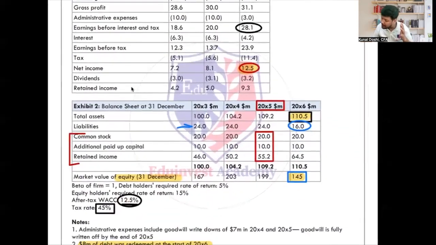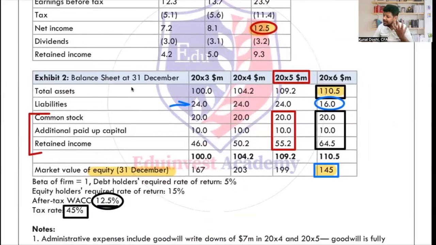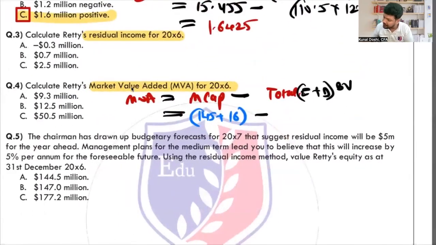Debt is the same, but what is the equity's book value? 20 plus 30 plus 10, 30 and 64.5, that is 94.5. And since, of course, the debt value is the same, basically you'll do 145 minus 94.5. You can ignore 16. That is 50.4 roughly.